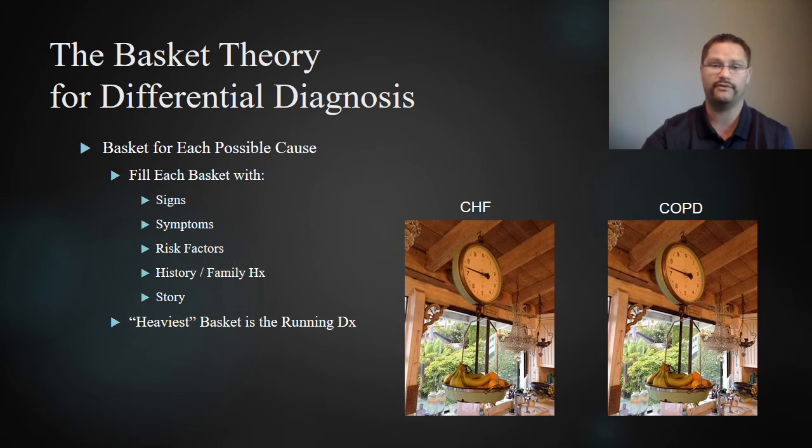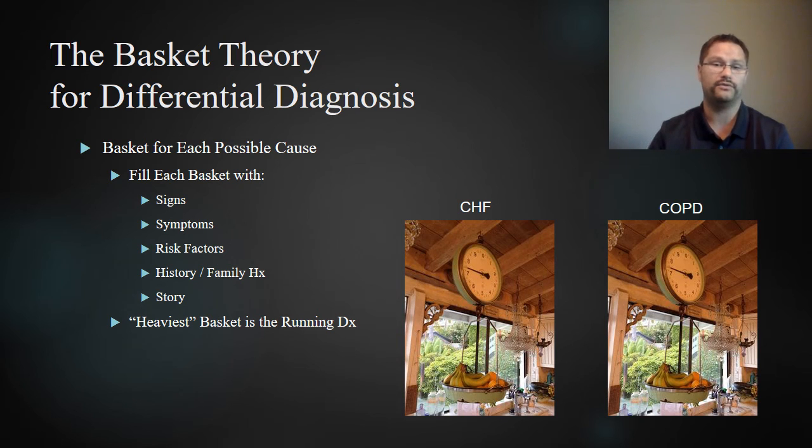Consider their family history for a condition either way. Look at their medications. Drugs that increase the cardiac output, diuretics and potassium, might lead you towards CHF, while bronchodilators and steroids might lead you towards COPD. The story for the current illness will give you a lot of information.